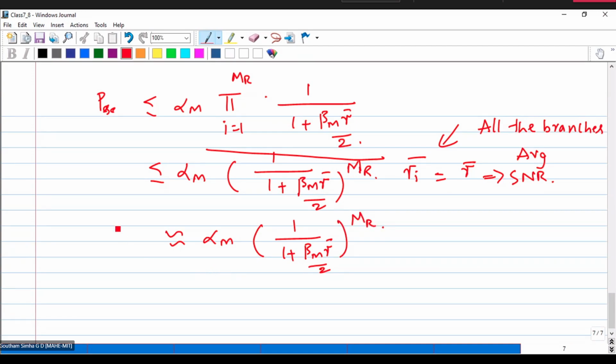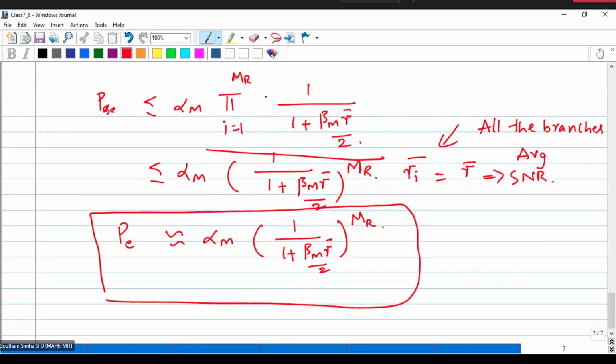Now the probability of error for MRC can be upper bounded by using the Chernoff bound and the MGF based approach to get this function. Now if you place Mr equal to 1, what happens?